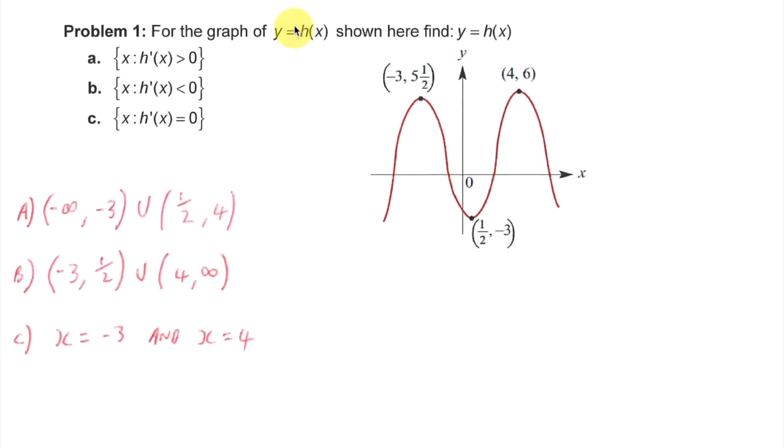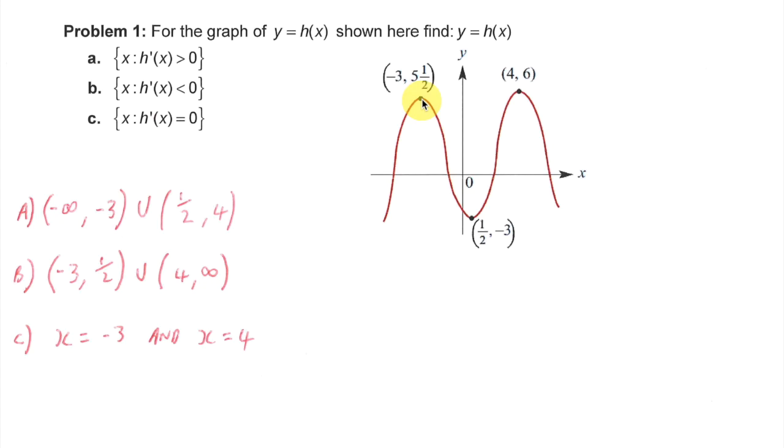In problem 1 here, I've got a function h of x, and it's sketched below. I need to work out where the derivative is greater than 0, where it's less than 0, and where it's equal to 0. So for a, where is the derivative greater than 0? If we look at our graph here, I start from negative infinity, I go all the way up to negative 3.